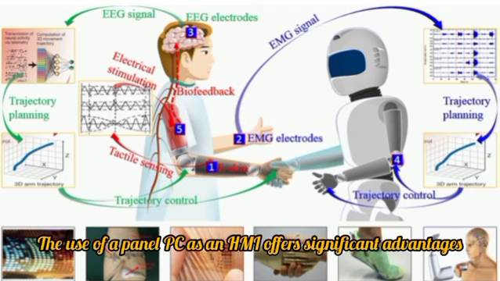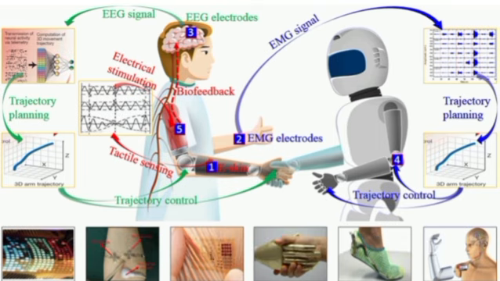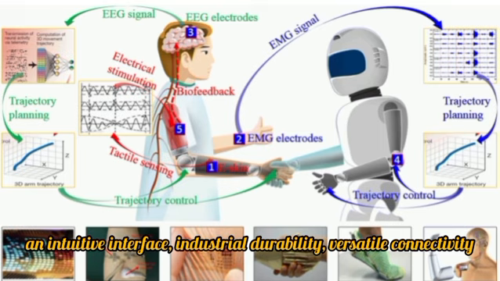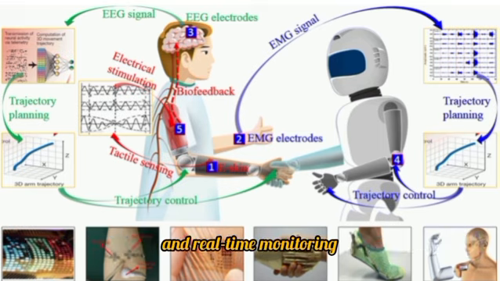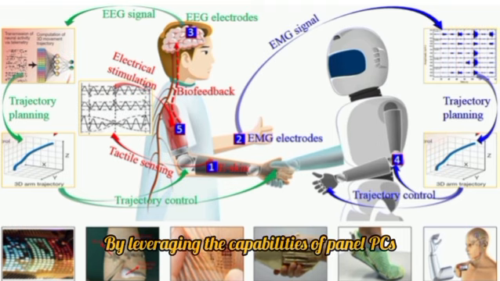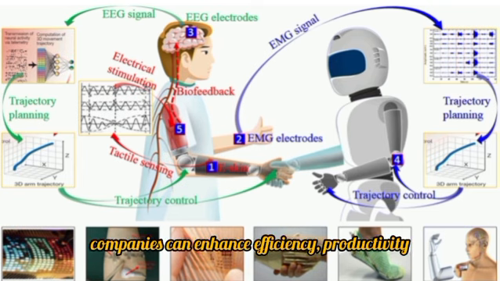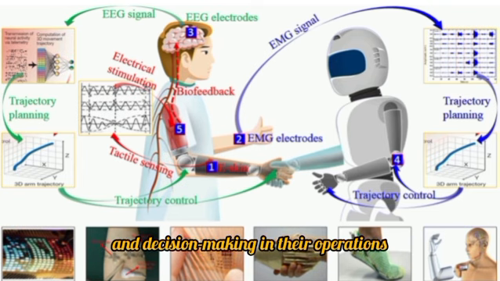The use of a panel PC as an HMI offers significant advantages, such as compact integration, an intuitive interface, industrial durability, versatile connectivity, and real-time monitoring. By leveraging the capabilities of panel PCs, companies can enhance efficiency, productivity, and decision-making in their operations.